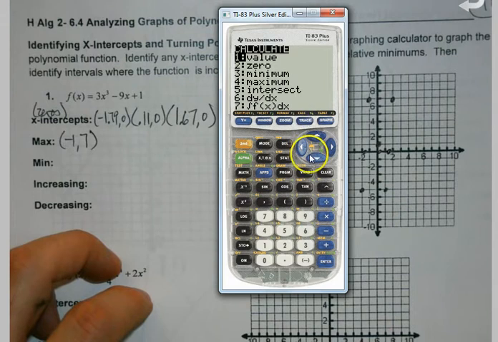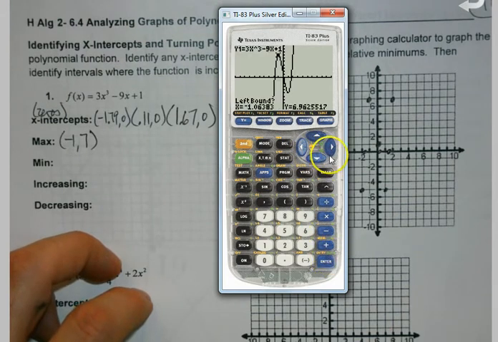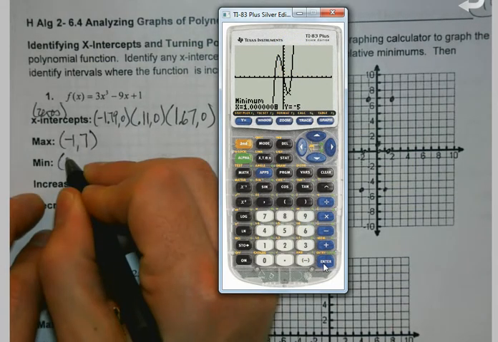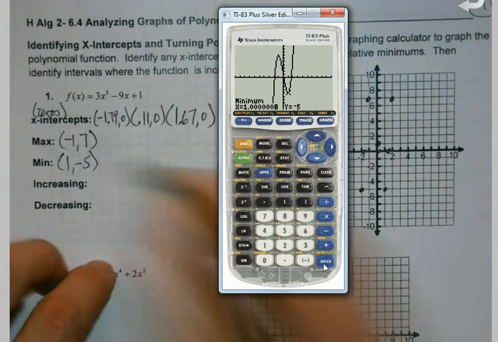And then we'll do the same thing, except we'll find our minimum down here at the bottom. Anywhere along here is fine for my cursor. All these places are to the left. To the right, anywhere on the right's all good. And that looks like that's going to be at 1, -5.